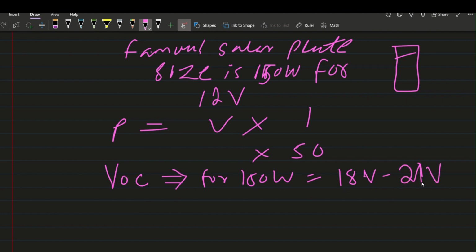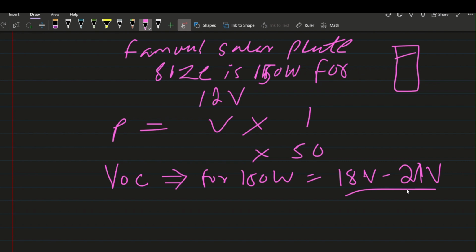When we connect this with our circuit, the voltage reduces from these threshold voltages. So that's why we will assume lower voltages than the standard voltages.